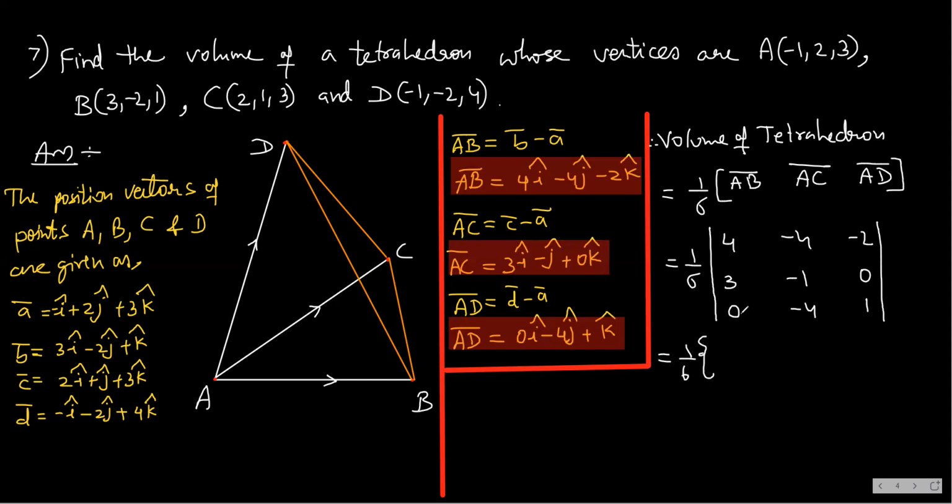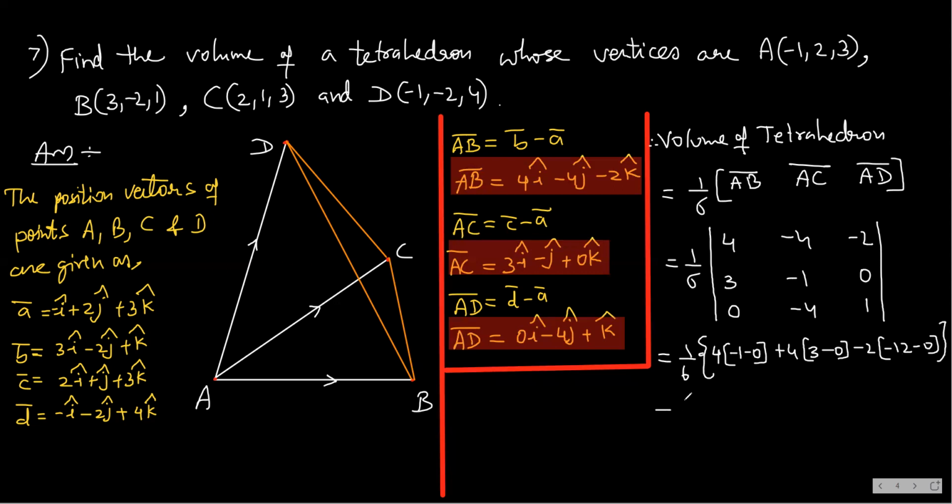And then this is 4 into minus 1 minus 0, then plus 4 into 3 minus 0, and then minus 2 into minus 12 minus 0. What do you get? 3 into minus 4 is minus 12, minus 0 into minus 1 is 0.